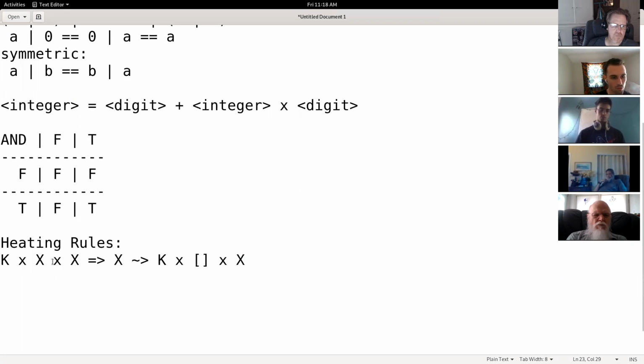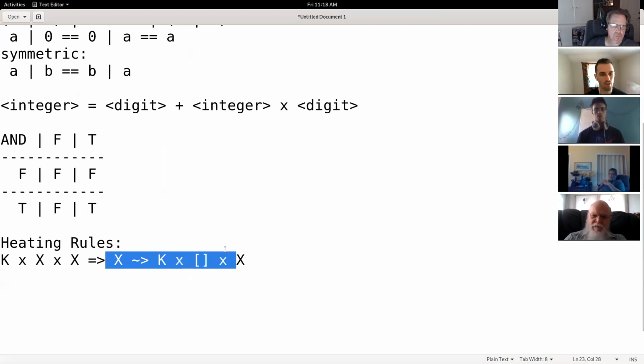And so what this junk means that I just wrote is, once I see a term like this, if it's strict in this first argument, what I'm going to do is rewrite this to a sequence of two computations. Those two computations are going to be evaluate whatever was in that position, and then once you've evaluated it, you're going to put it back into this position, essentially. Okay. That's what that stuff means.